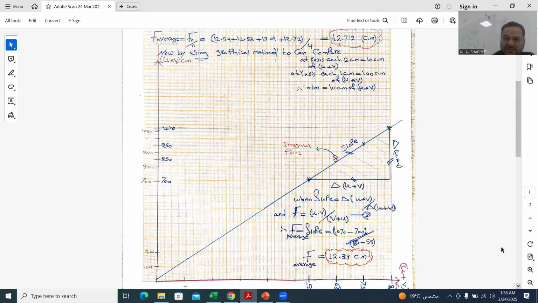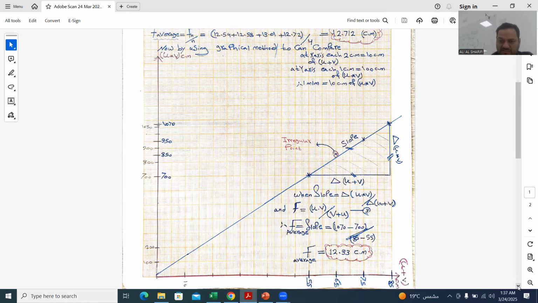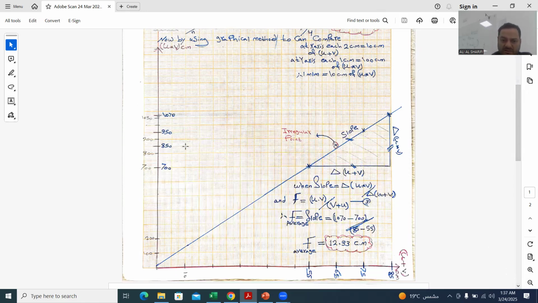That means the slope equals the focal length distance average. By that, we can manage it directly by using this curve, this graphical way.